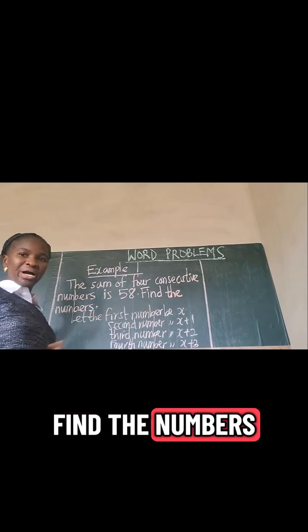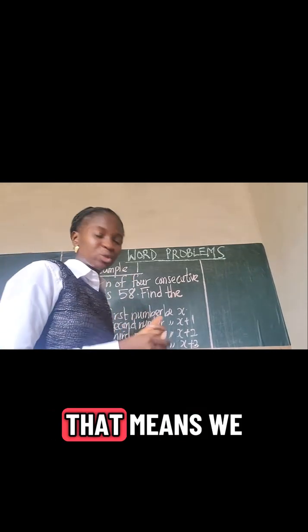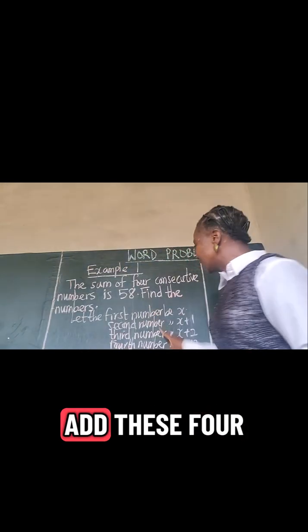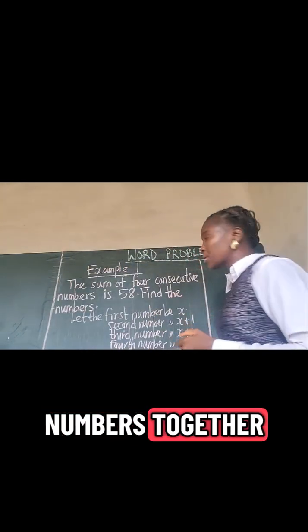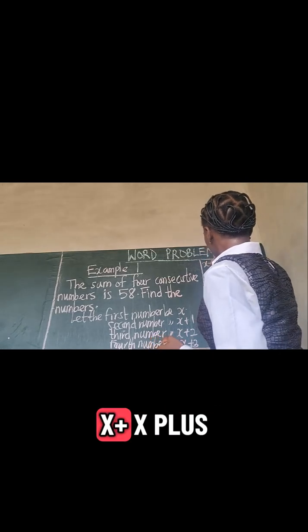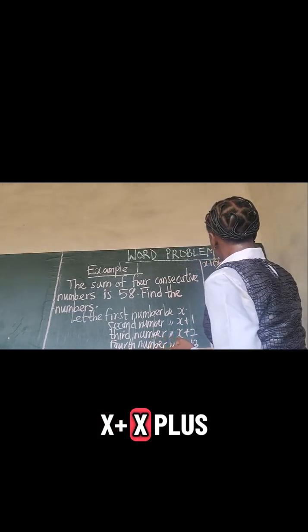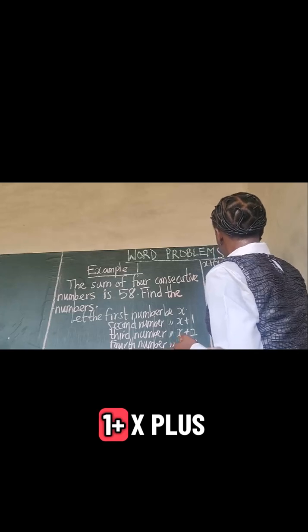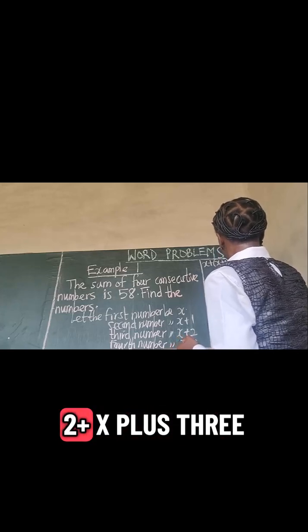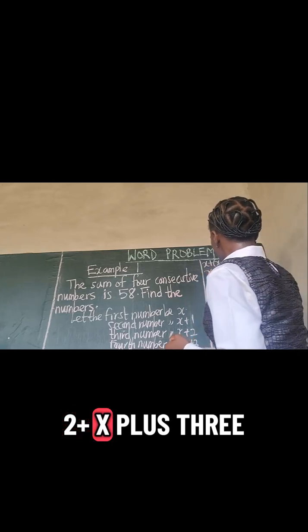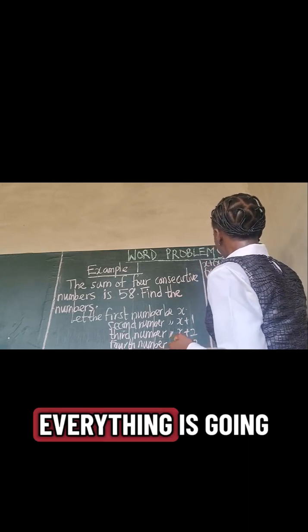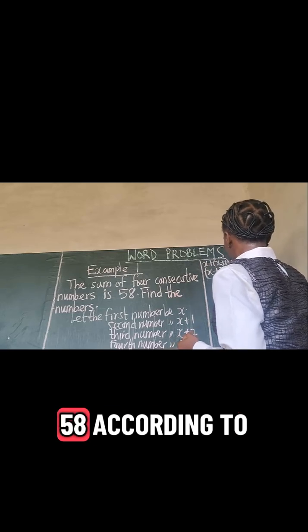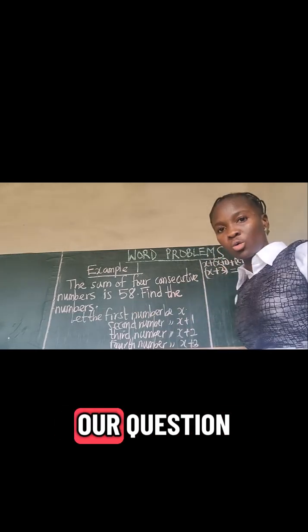Find the numbers. Now, the sum means we have to add these 4 numbers together. So we have x plus x plus 1 plus x plus 2 plus x plus 3. Everything is going to give us 58 according to our question.